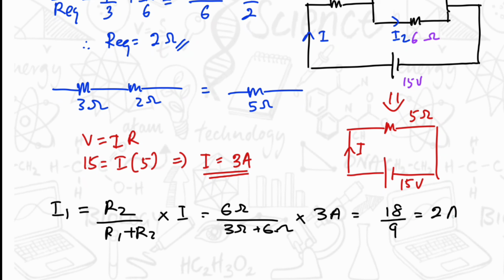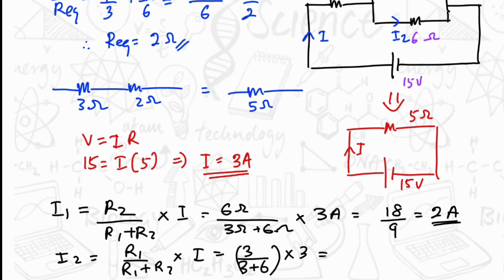We get the answer 2 amperes. Similarly, I2 will be R1 over R1 plus R2 times I, that is 3 over 3 plus 6 times 3, that is 9 over 9, and we get the answer 1 ampere.